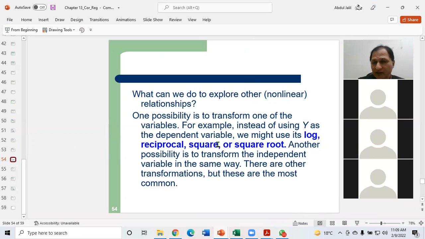You can take square, if values are such that you need to take square or square root. Usually, you go for reciprocal, square and square root only in case you believe that your model is non-linear and you are going to apply a non-linear formulation. Even in terms of log that is possible, but reciprocal, square and square root directly identify that.